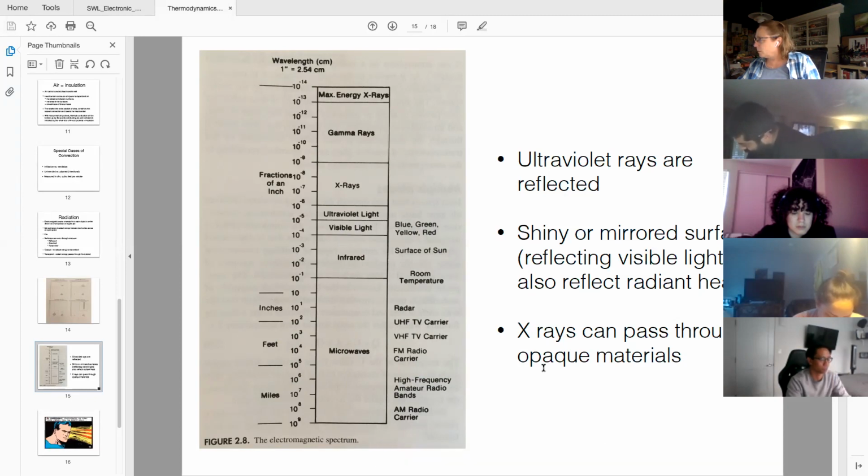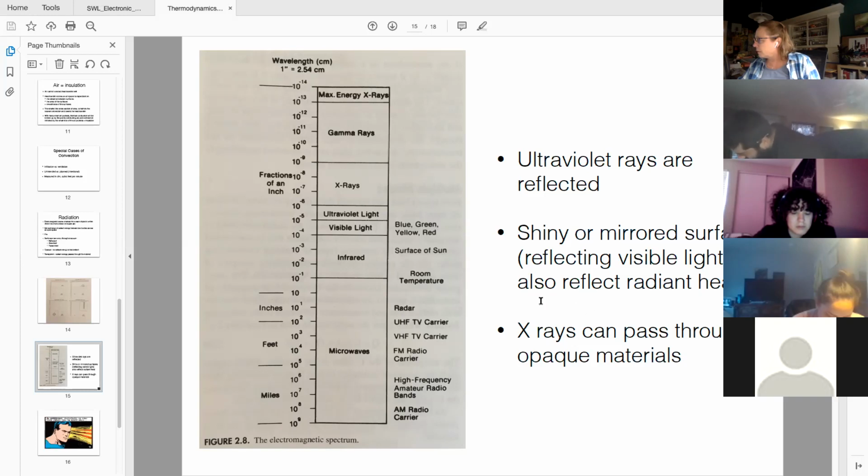So shiny or mirrored surfaces reflect visible light, and because they're opaque, they also reflect radiant heat.